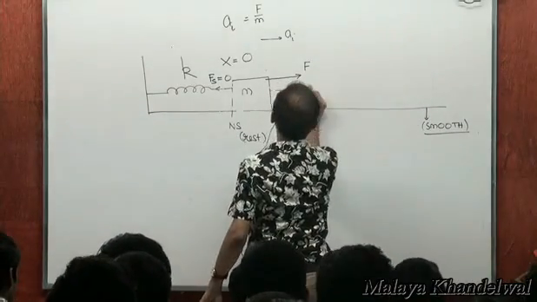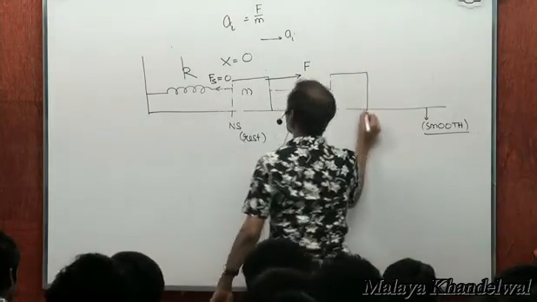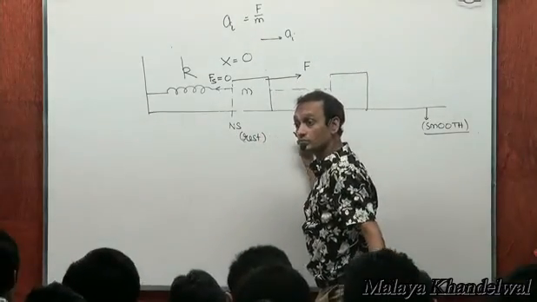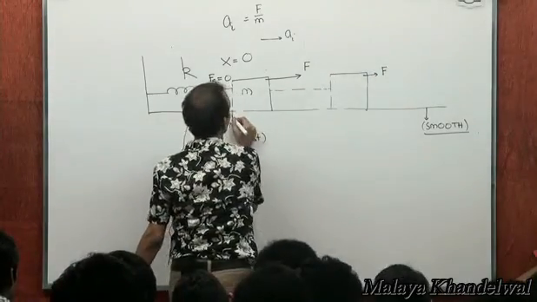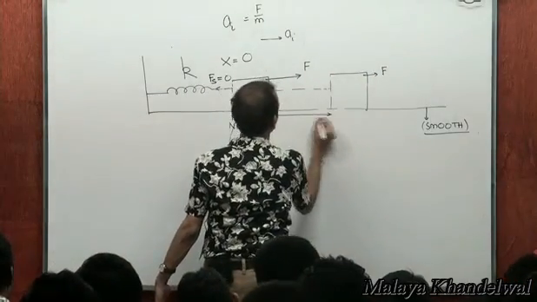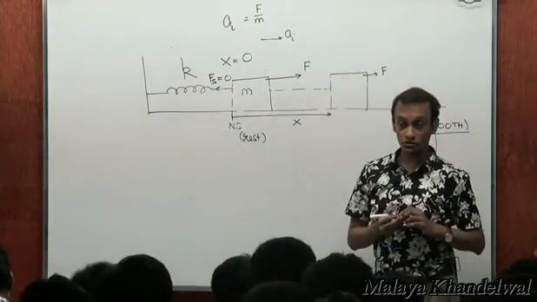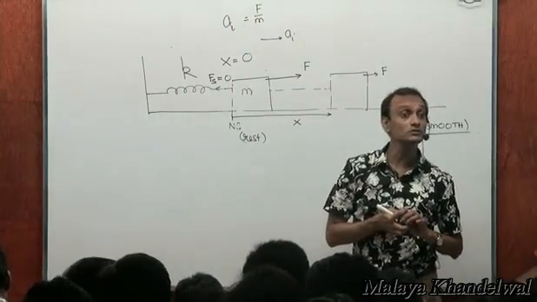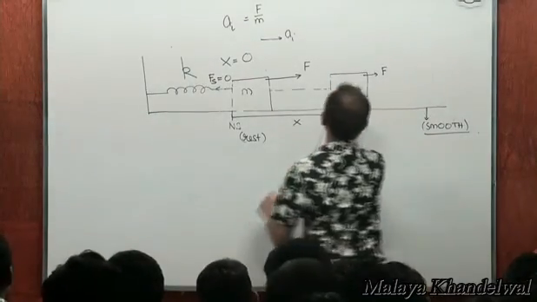While this moves to the right, after a while, the spring would have got elongated by an amount x. The force will still be F. Now, if the spring gets elongated by an amount x, what would be the spring force? kx leftwards would be the spring force.